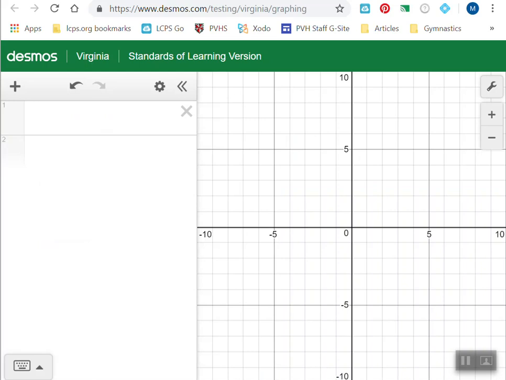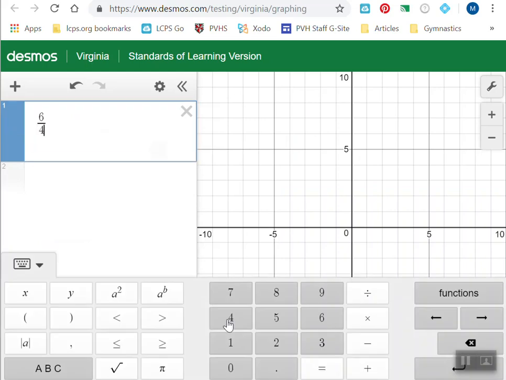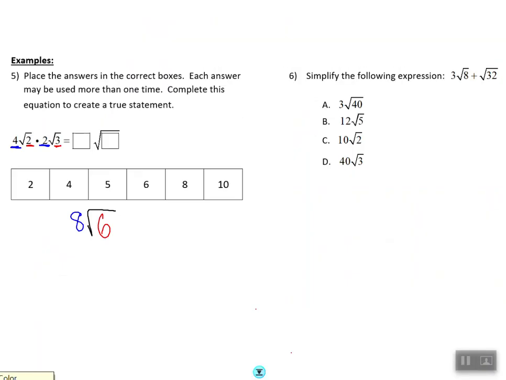So if I go to Desmos and do 6 divided by 4, I get a decimal. That means I cannot simplify square root of 6. So 8 square root of 6 is my final answer. And I put 8 in front of the square root as my coefficient and 6 inside the square root. And that's it.